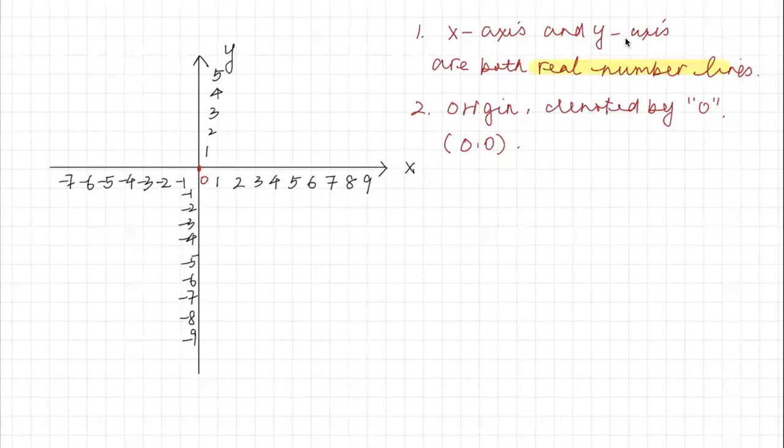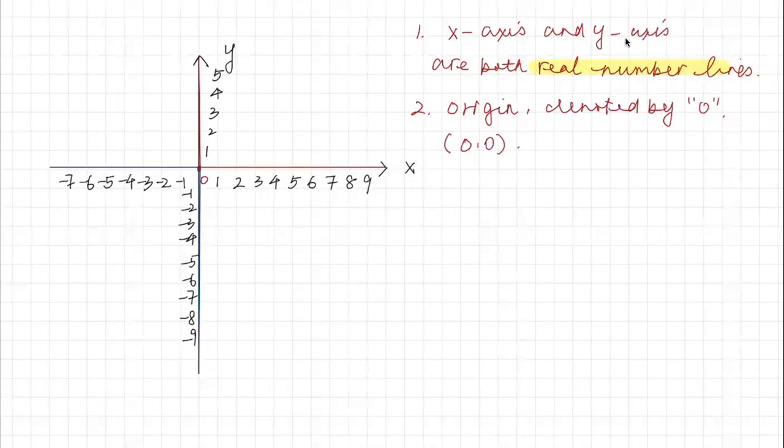Everything on the right side or above this point is positive, so this part of the x-axis and this part of the y-axis are positive. And everything below the origin or on the left side of the origin is negative, because they're real number lines.